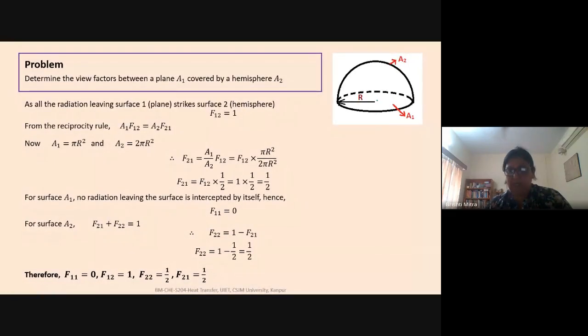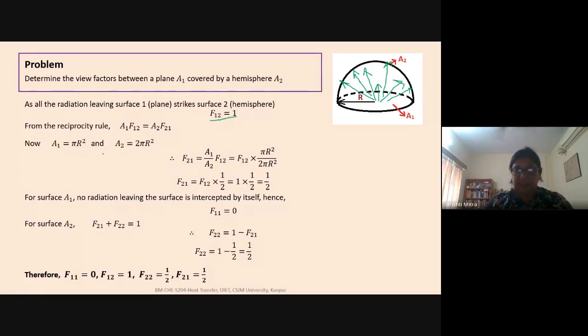Whatever radiation is given out by surface 1, there is nowhere else for it to go. Everything is going to surface 2. Nothing is falling on itself because it's a flat surface, but everything is falling on surface 2. So the view factor of surface 1 to 2, that is going from 1 falling on 2, is equal to 1.